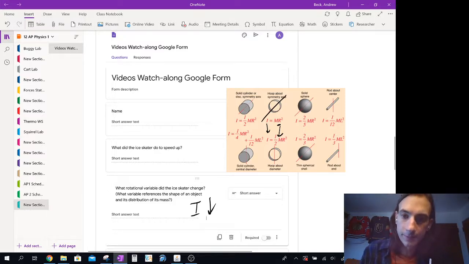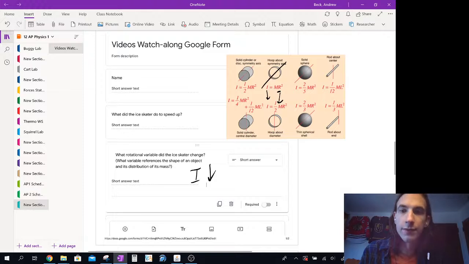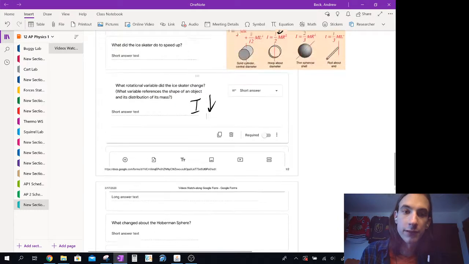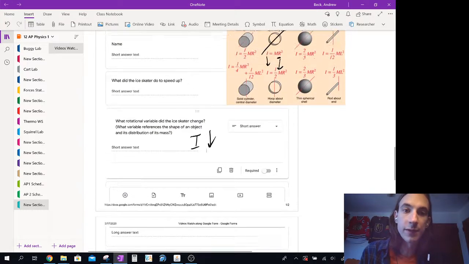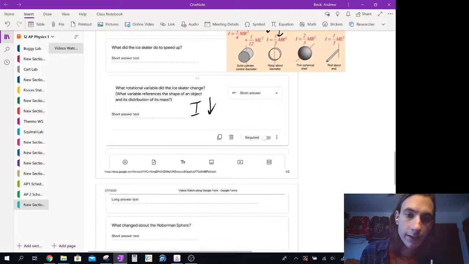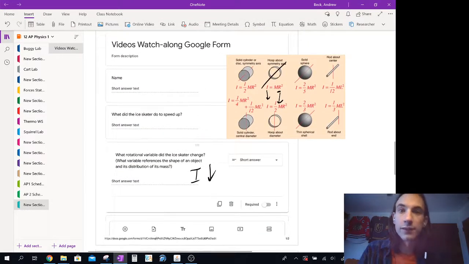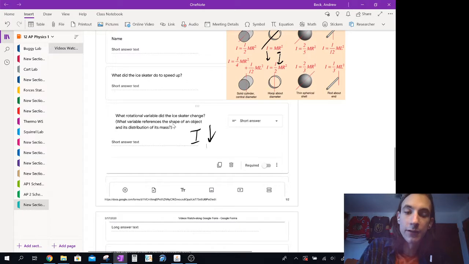And what we saw was when her moment of inertia decreased because of that distribution of the mass, she began to move quicker. She began to spin faster. As her I decreased, that moment of inertia decreased, her angular velocity went up.